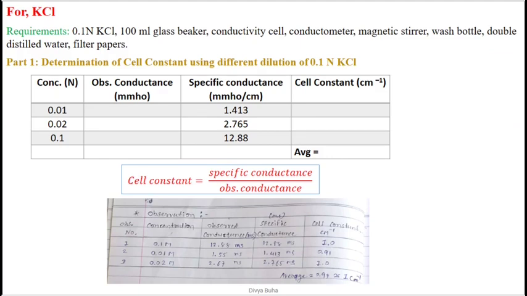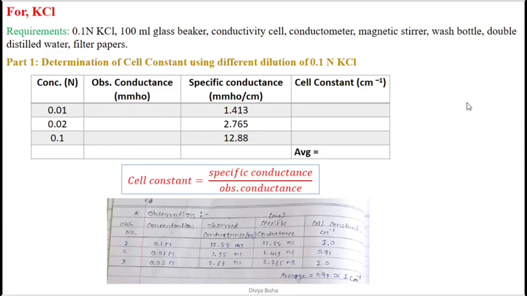Before performing the practical you will know that the cell constant of your cell is 1 centimeter inverse. But again you need to find out the accurate cell constant. It won't be exactly 1. It can be slightly different, based upon the temperature at which you are performing the practical. So you have to first of all find out the exact cell constant, and that would be nearer to 1.